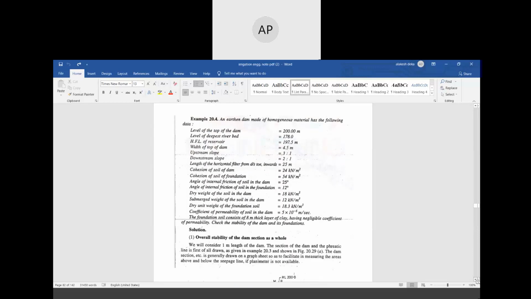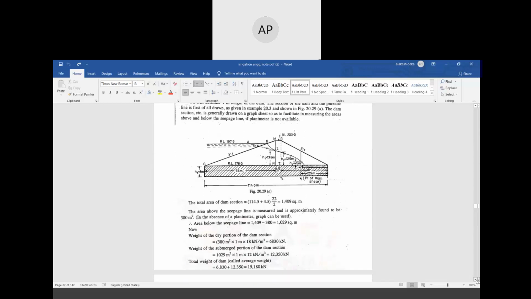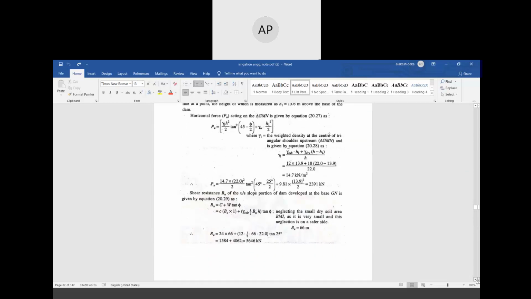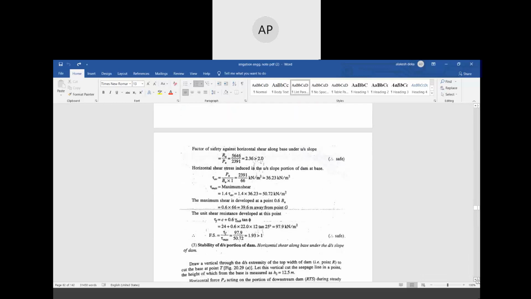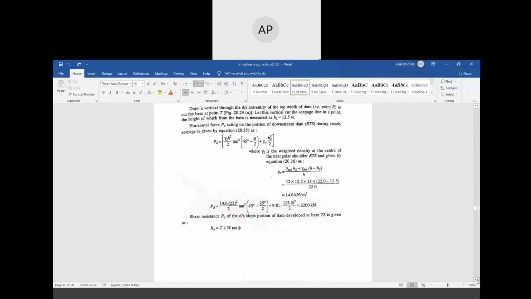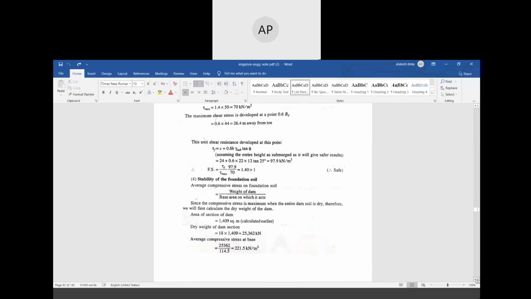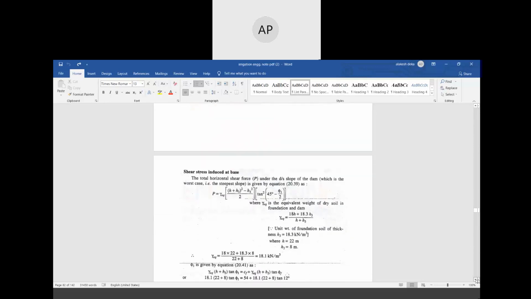There is a problem related to the design of earthen dams. The problem we are not going to discuss here. You will get it in the design of structures subject, RCC design structure.